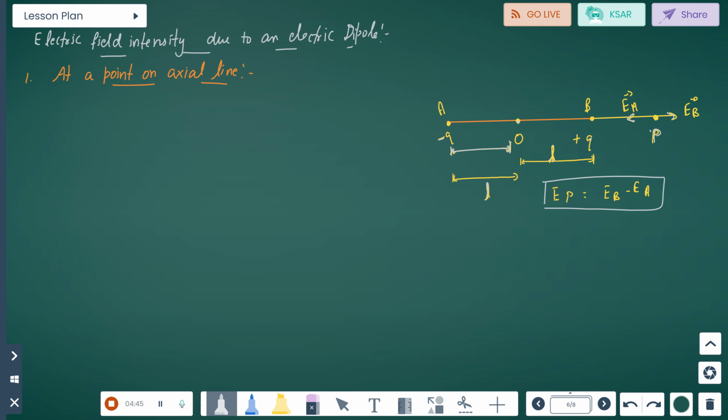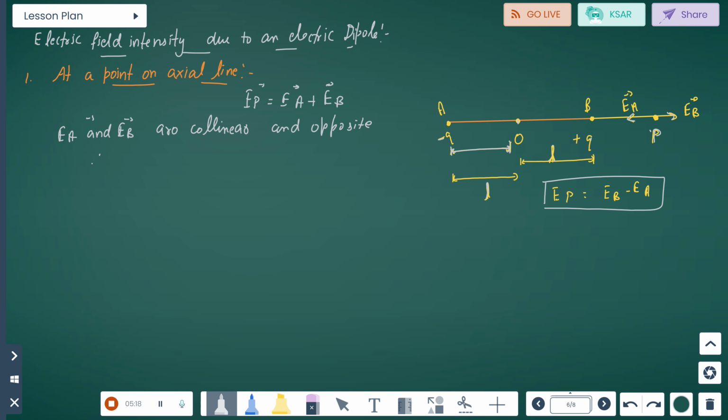Now at a point on an axial line, the resultant electric field intensity at point P is EP equals EA plus EB. Therefore, the vectors EA and EB are collinear and opposite to each other.